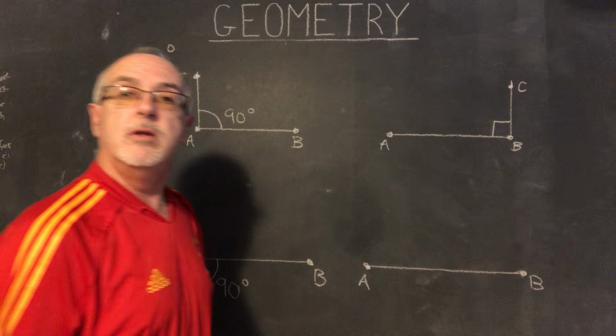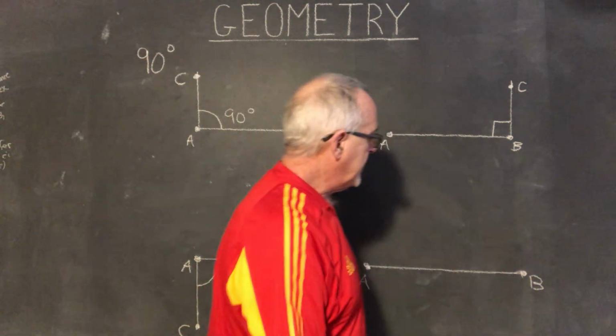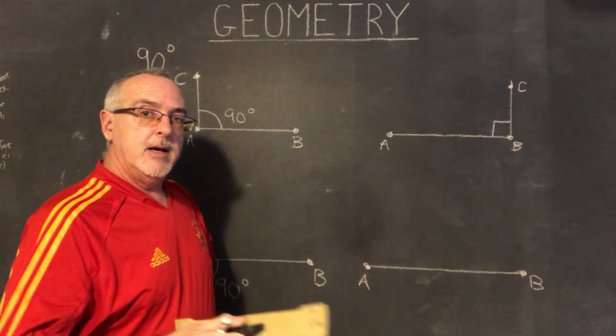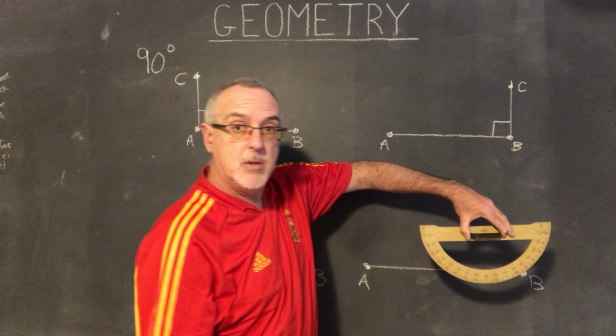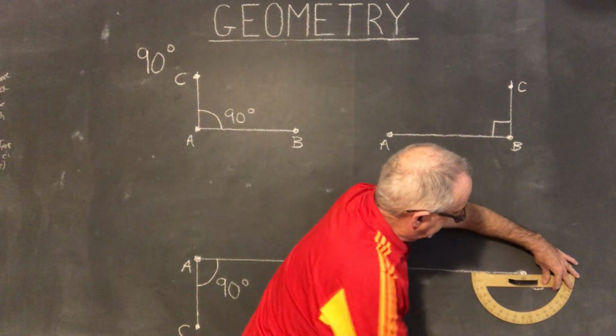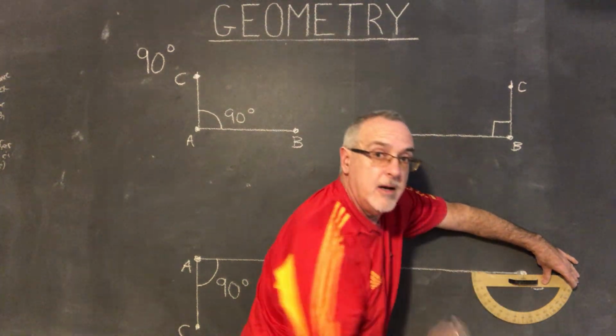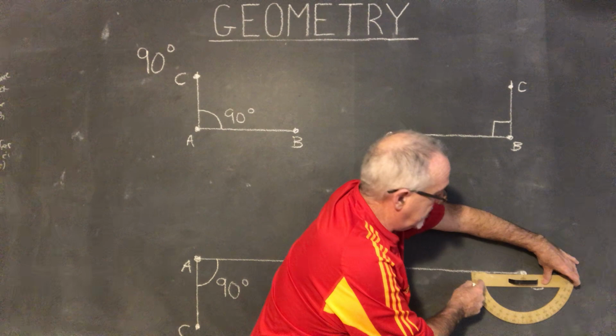Is there room to do this? I don't really have the camera aimed at this perfectly, but it'll still work. Okay, so I'm approaching vertex B with the protractor held this way again. I'm getting my 0 dot on vertex B. I'm getting my baseline to go along the line that I'm starting with. I'm counting up from 0, so I'm using the inner numbers again.